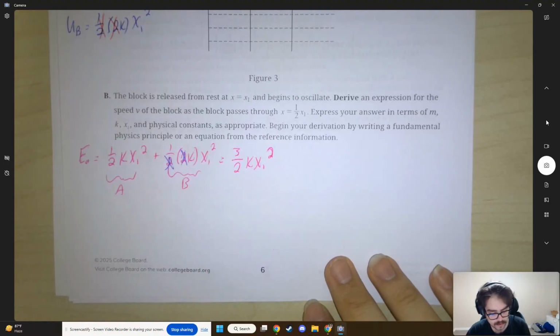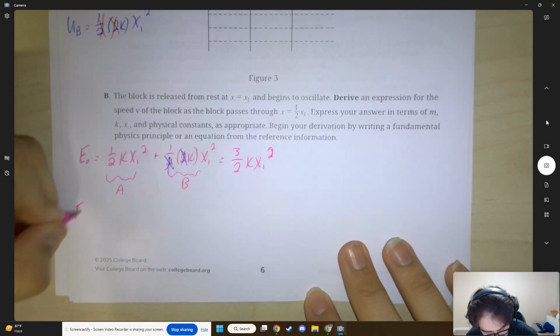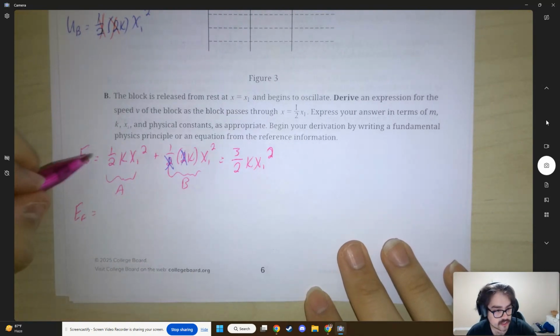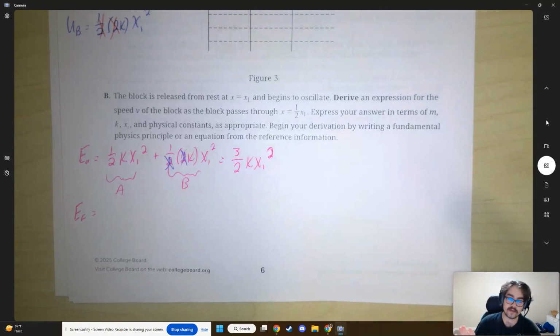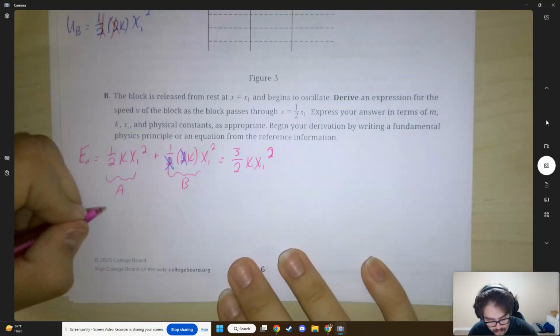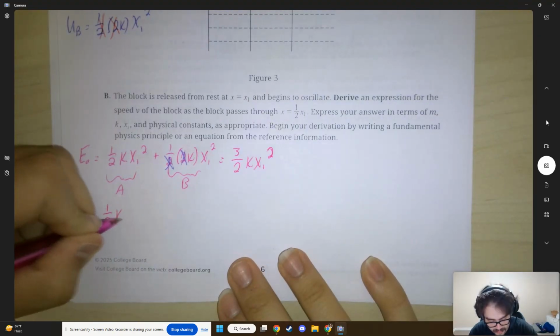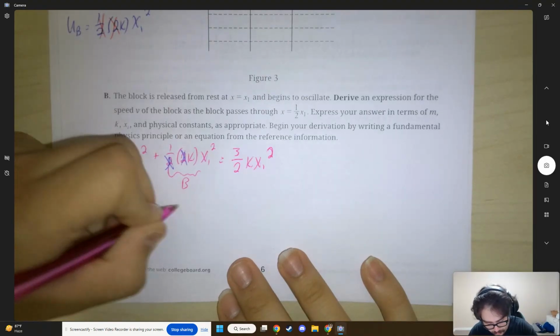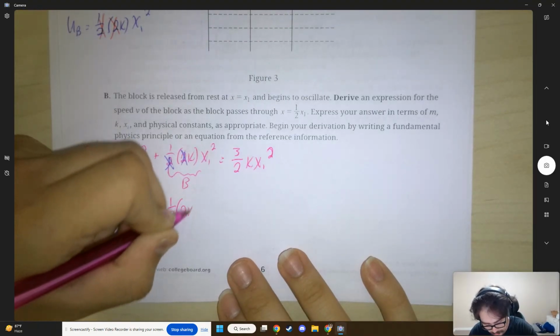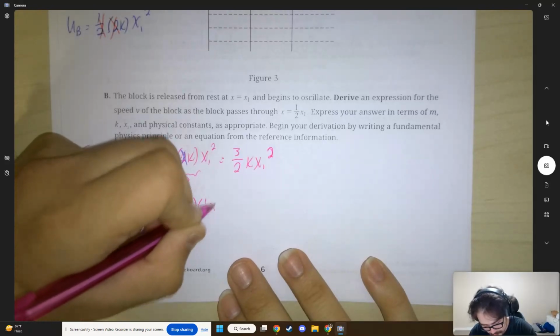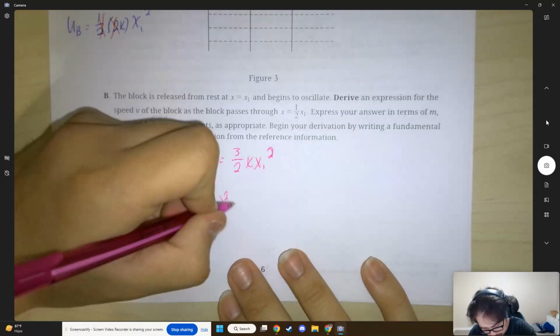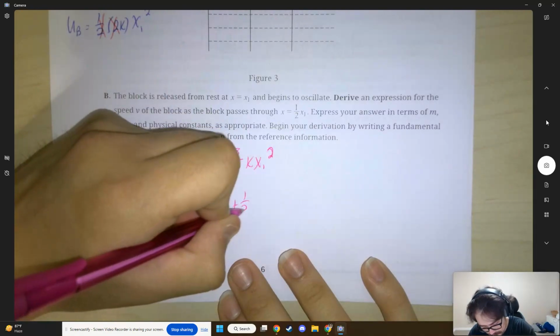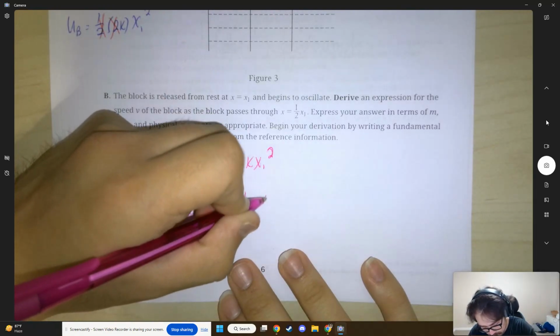Now I'm going to figure out the final energy in the system, because by conservation of energy, the initial energy should equal the final energy. When I say final energy, I'm talking about the energy at 1/2 x sub 1. So I'll have 1/2 k times (1/2 x sub 1) squared plus 1/2 times 2k times (1/2 x sub 1) squared plus 1/2 m v squared.